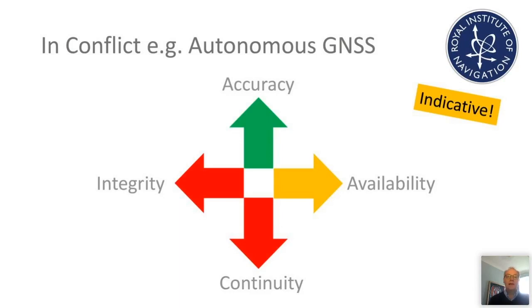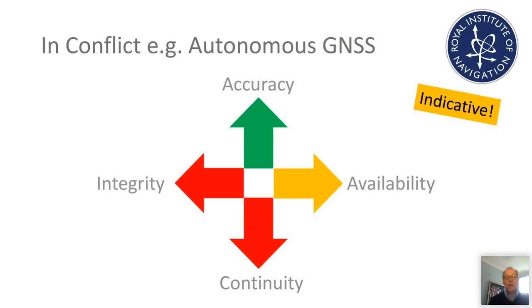But just indicatively, here's the likely ranking in red, orange, green, green being high, red being low, for a simple handheld, old-fashioned hiking receiver that you might use on the hills, just GPS or just GNSS. So accuracy actually can be quite good, particularly if you're in an open sky position. You may hear 5 meters being quoted, even better perhaps with multi-frequency.